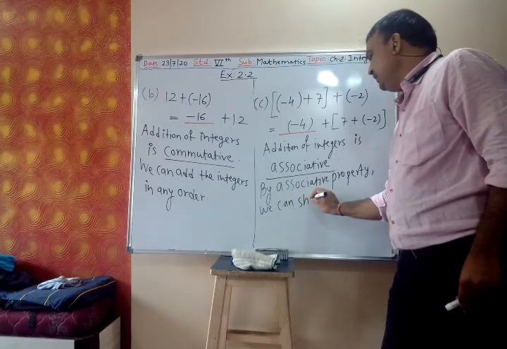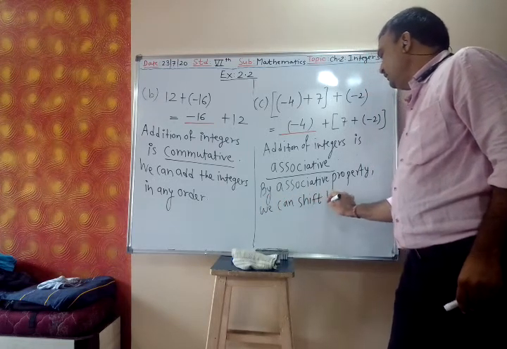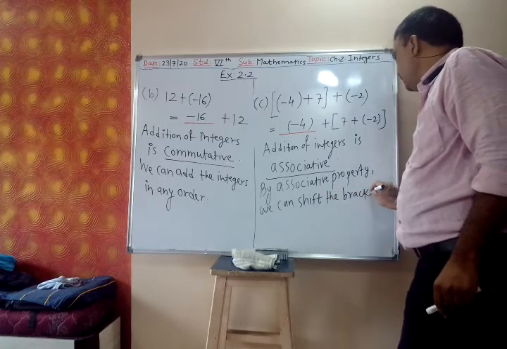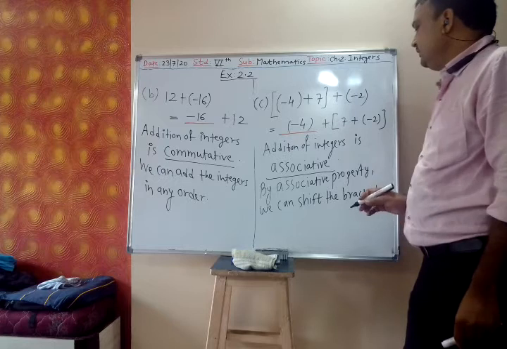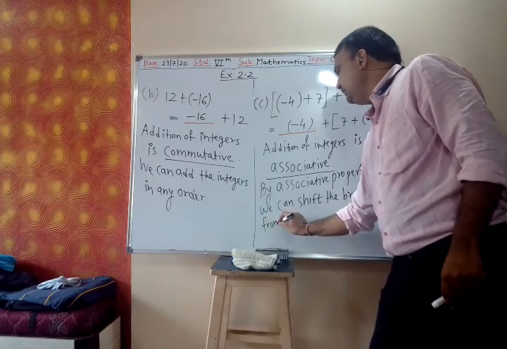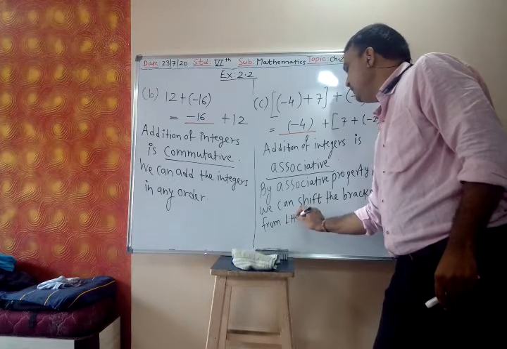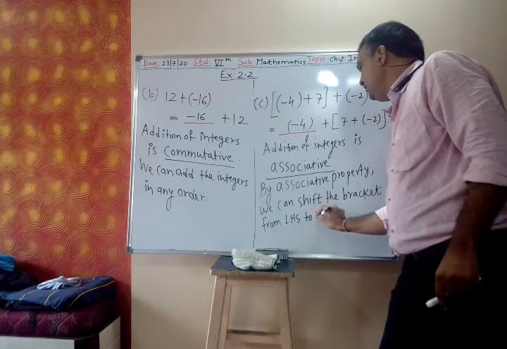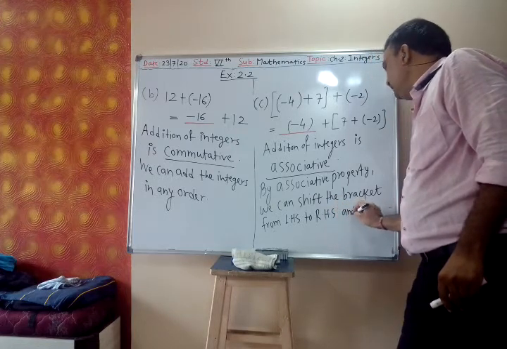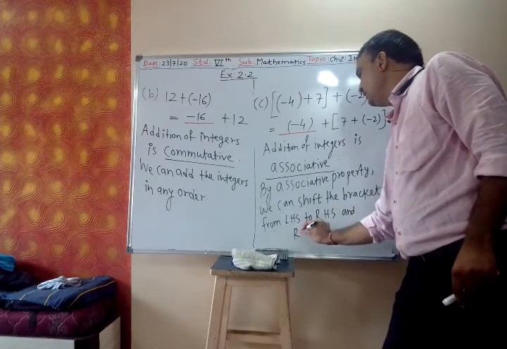We can shift the bracket from left hand side to right hand side. LHS means left hand side, to right hand side, and right hand side to left hand side, any order.